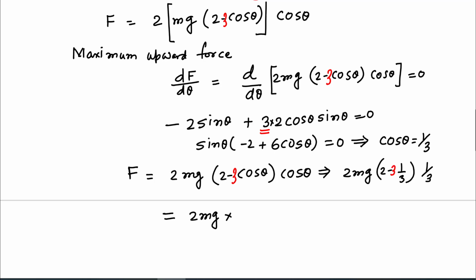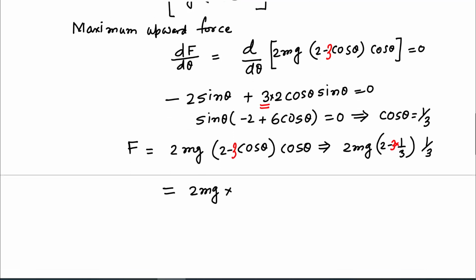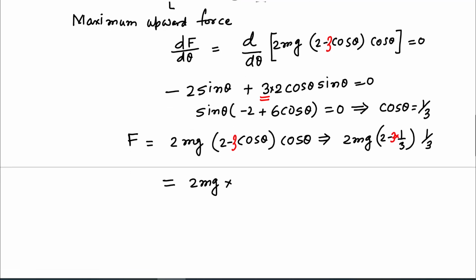So 3 into 1 by 3 is 1, and we get 2 minus 1, that is 1, into 1 by 3. So this will be 2mg by 3. This is the total force that will act in the vertical direction.